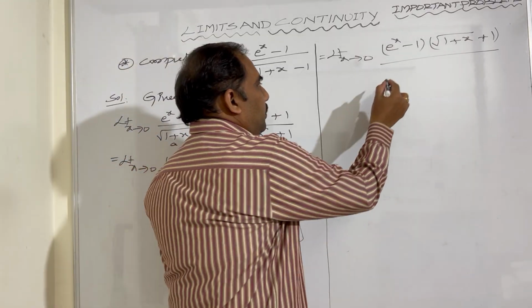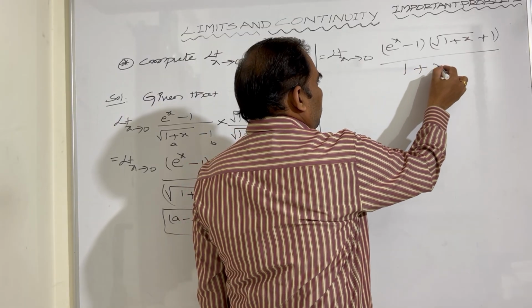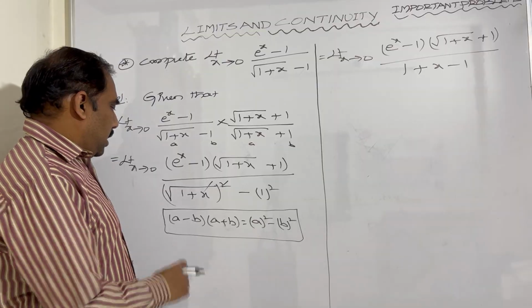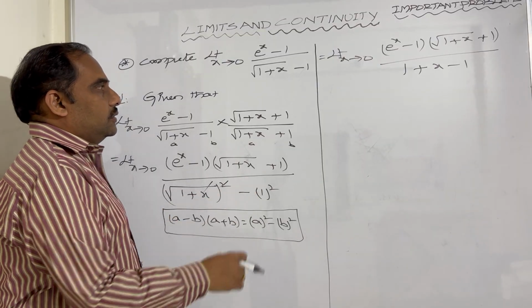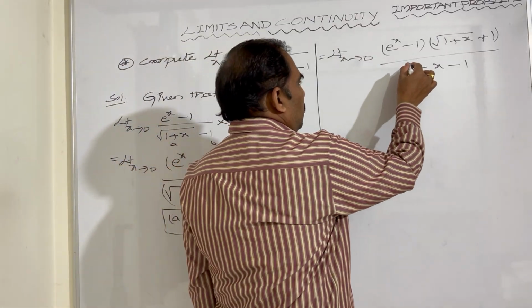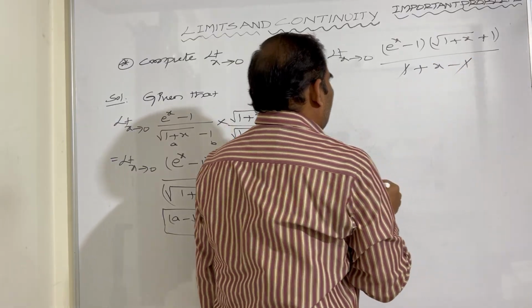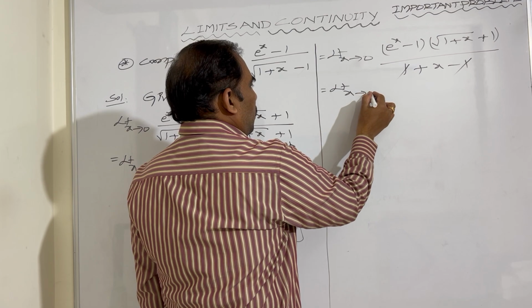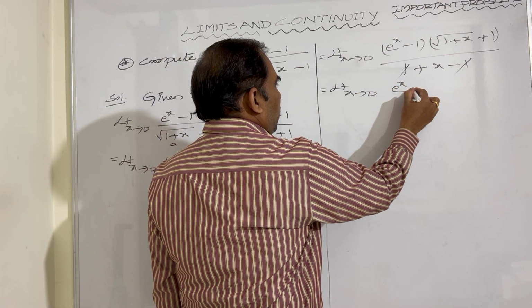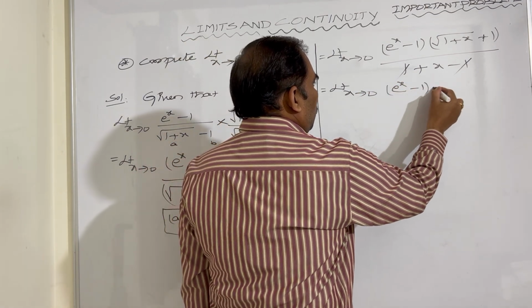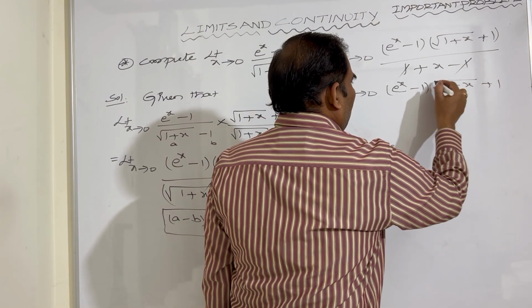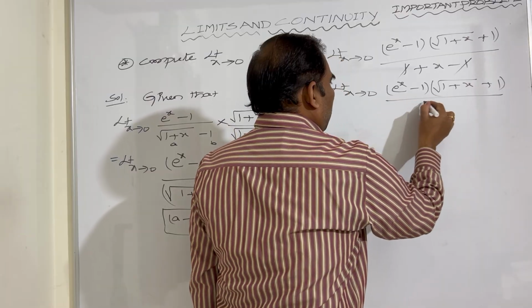We get in the denominator 1 + x − 1. See, observe here, 1 + x − 1. So now this plus 1 minus 1 gets cancelled. Clearly, the limit as x tends to 0 is (e^x − 1) into (√(1 + x) + 1) whole divided by x.